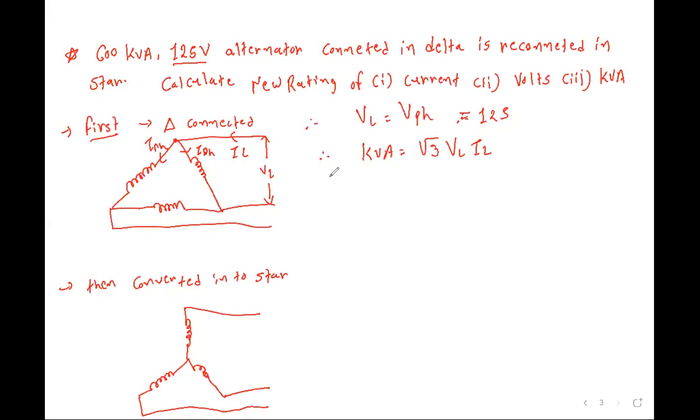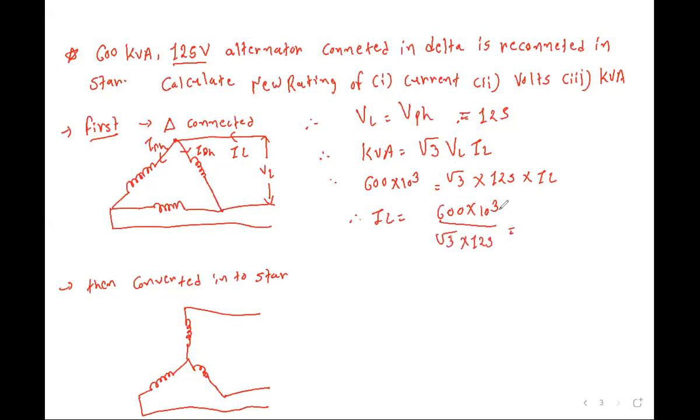So my kVA capacity is 600 into 10 raised to 3, converted into VA, equals root 3 into VL, which is 125, into IL. So I require the value of line current. IL is equal to 600 into 10 raised to 3 divided by root 3 into 125.